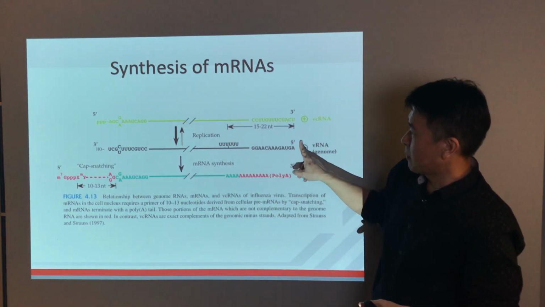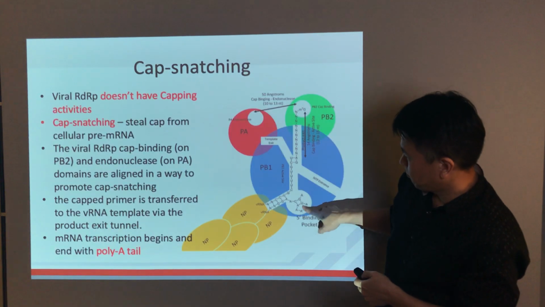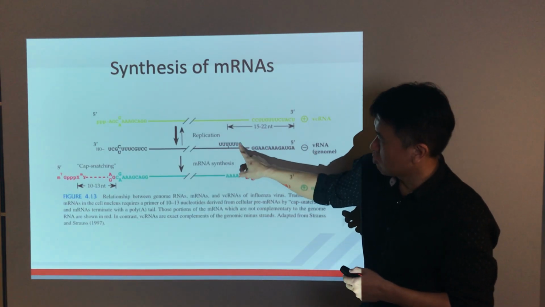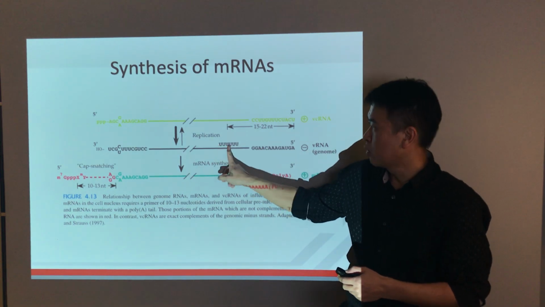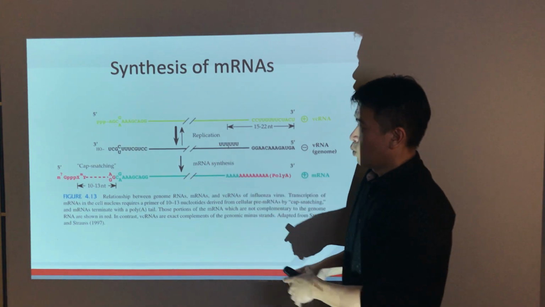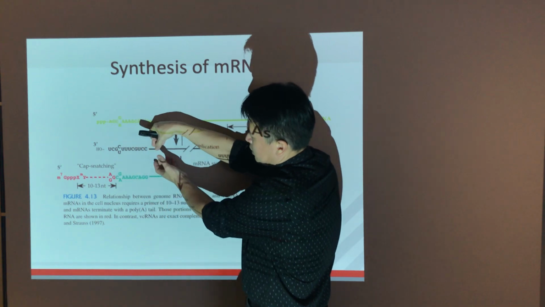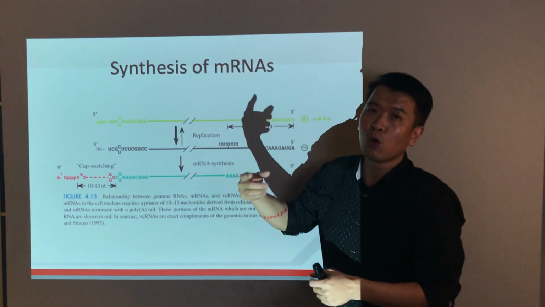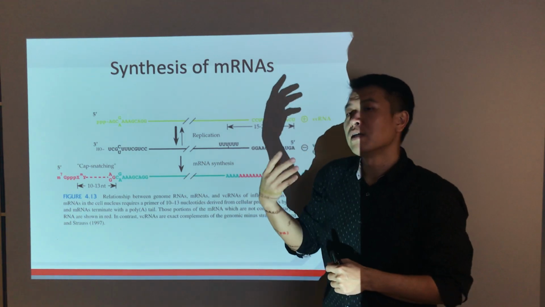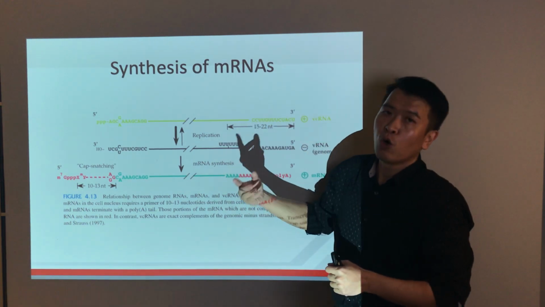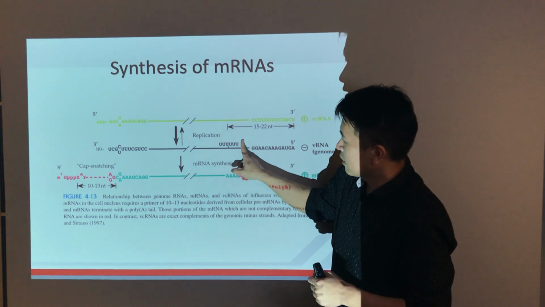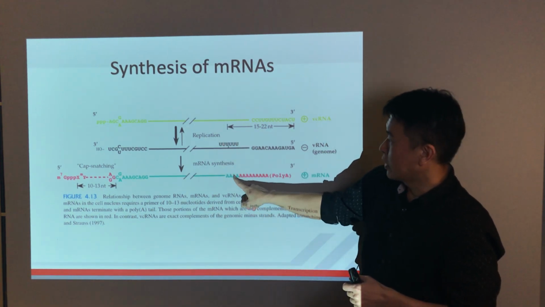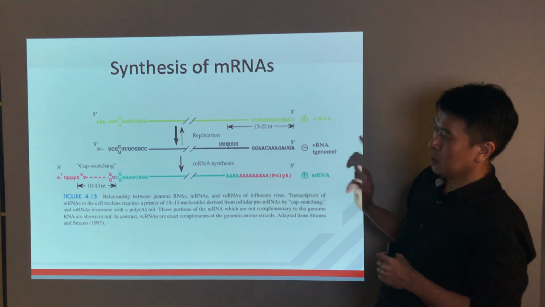So this is the 5' end that goes into the pocket. But before the 5' end, there is a stretch of poly-U right in the middle. So when the polymerase starts to synthesize and comes to this U, it undergoes the same process as NDV, RNA polymerase stuttering, and it starts synthesizing the poly-A tail here.